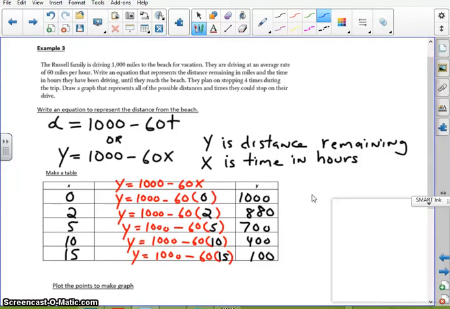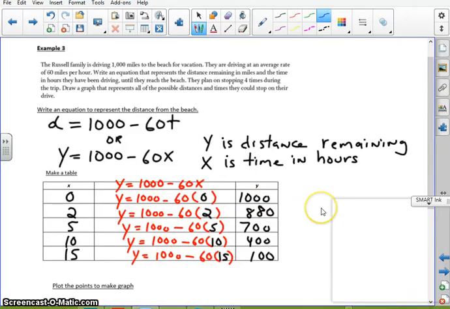Write an equation that represents the distance remaining in miles and the time in hours they have been driving until they reach the beach. They plan on stopping 4 times during the trip. Draw a graph that represents all the possible distances and times they could stop on their drive.